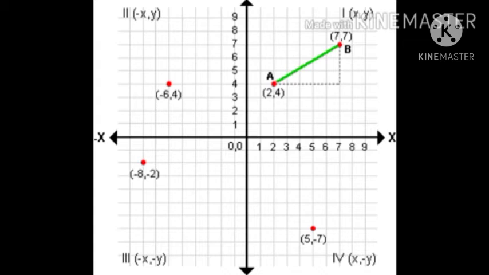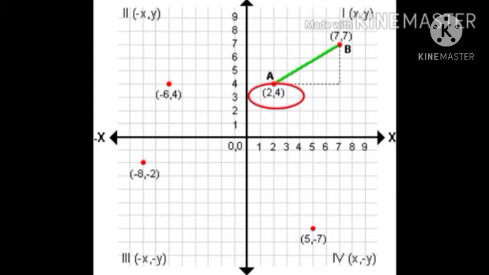From that point, just draw a perpendicular line to the x-axis. What is the number you can see? 2, right? Then the x coordinate is positive 2. Similarly, from the same point, draw a perpendicular line to the y-axis. What is the number that you can see? It is 4.